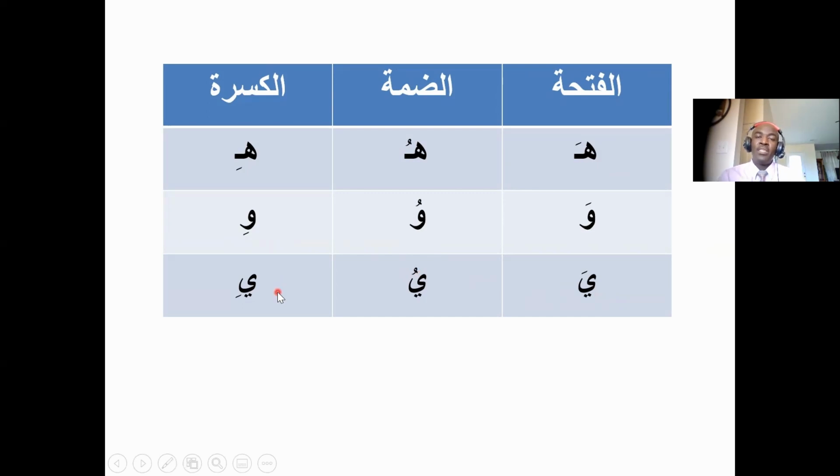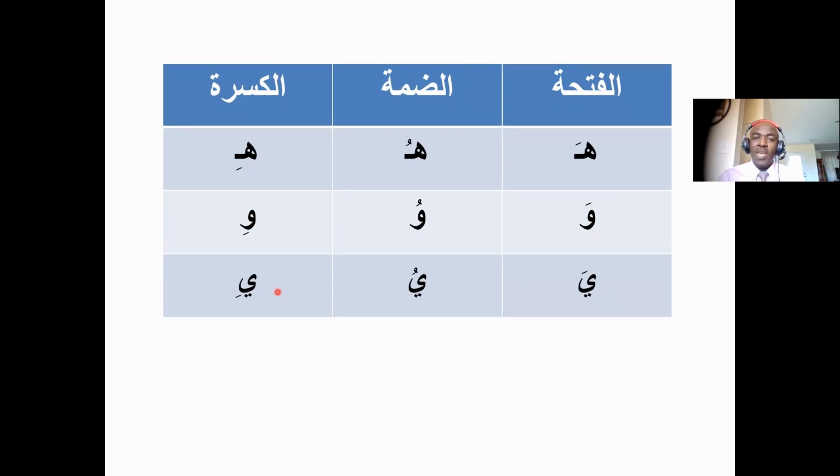So these are the three major diacritics, or short vowels, that determine the sound of Arabic letters. And as I said at the beginning, in English, the sound of the letter is determined by the vowels that come after the letter. The examples that we gave: bat, boot, beat. These are three different sounds, determined by the vowels that come after.